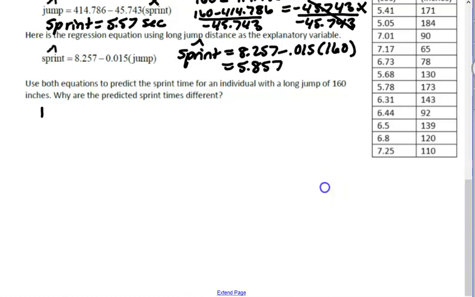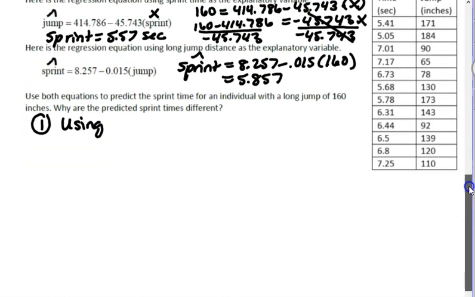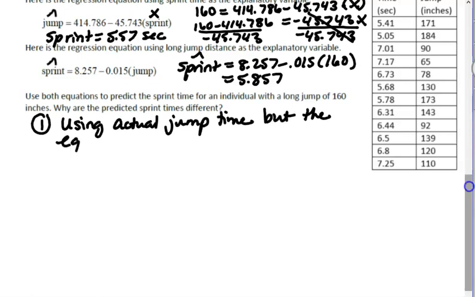Okay, so in number one, we're using actual jump time, but the equation uses predicted jump time.